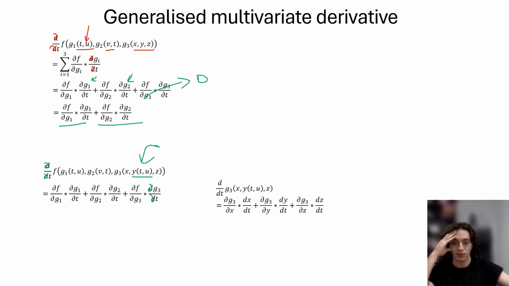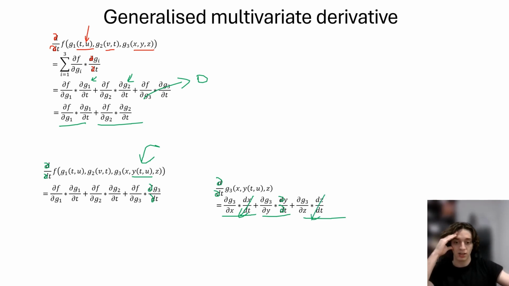We look at the partial with respect to t of g3, where g3 is this blah blah blah, is going to expand into this. This should be a partial. The derivative of x with respect to t just vanishes because it has no dependence by that assumption.